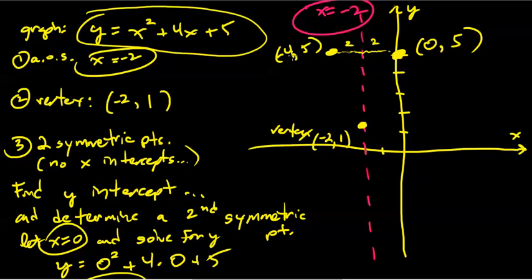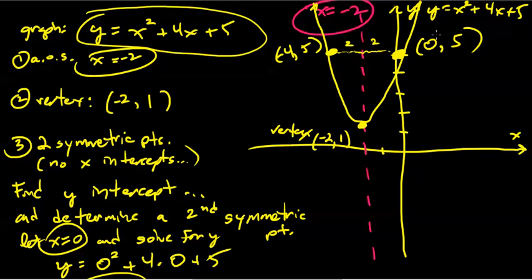So I can establish, with a little detective work, 2 symmetric points at the level y equals 5. Alright, so with my axis of symmetry, with my vertex, with my 2 symmetric points, and a little detective work, I can then connect the dots and graph my parabola, of course labeling the parabola equation.